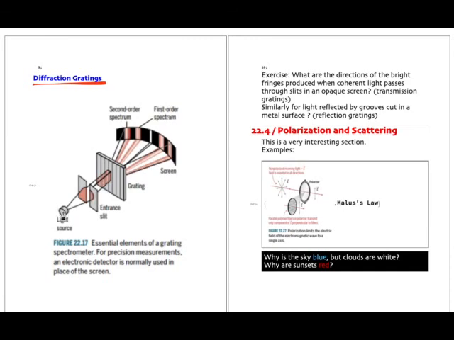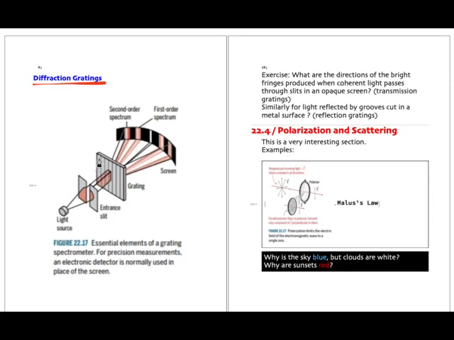So you have a light source, which is probably incoherent, unless it's a laser, but you have a light source. It goes through a narrow entrance slit. The light that comes through the slit is coherent. That light then is incident on this grating. It's a piece of metal with openings cut into it.